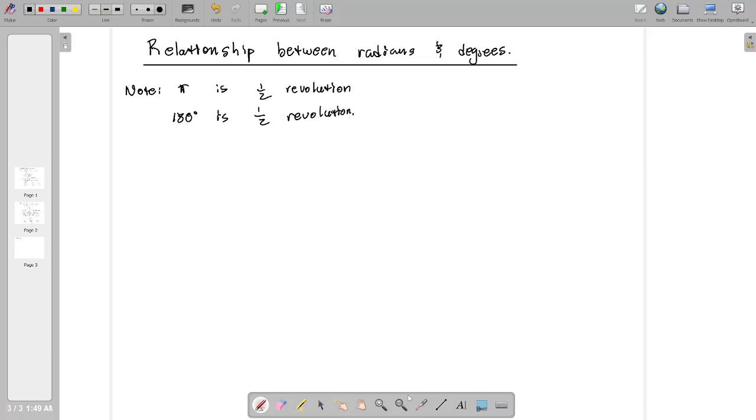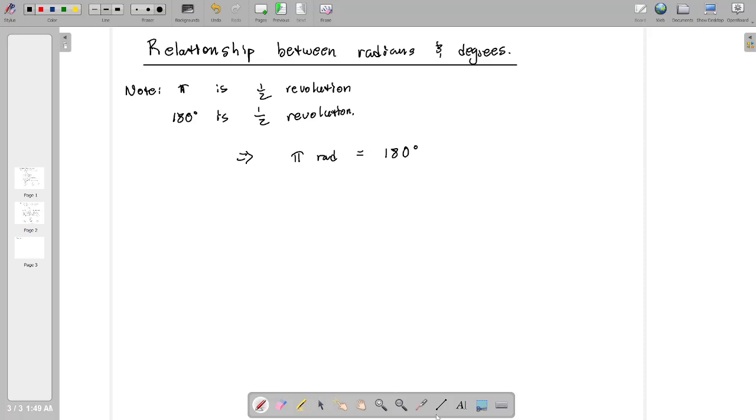So we can say that these two angle measures are going to be equal. So we can say then that pi radians is equal to 180 degrees. Okay, so we actually have a starting point now.